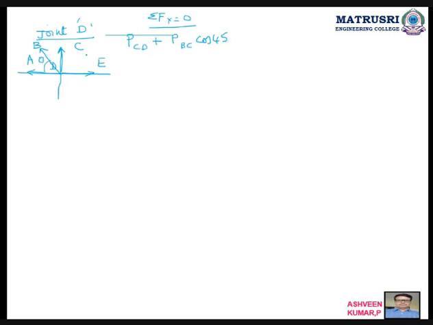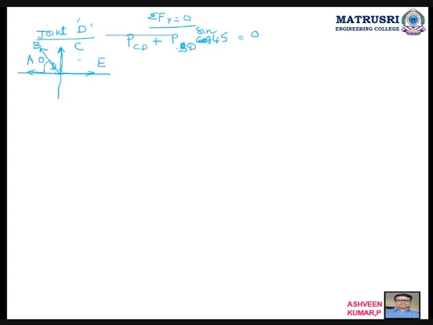Okay, this is sin 45, because this theta is making an angle with the x axis, x will be cos, y will be sin, is equal to 0. This is DC, not BC. This is P_CD upward. Now this is DB, or BD. So I am writing BD.